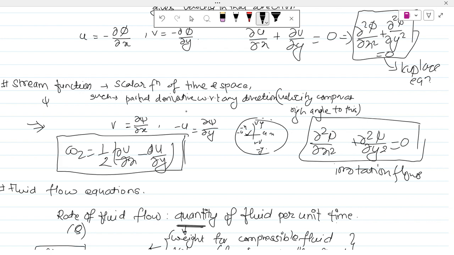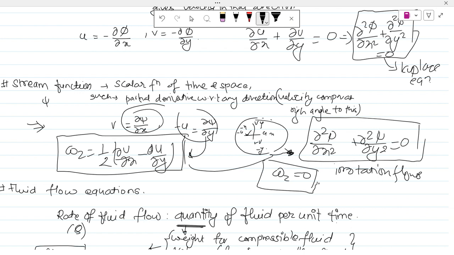I put these values into this equation and it gives this form. If this is 0, then omega z is 0. If omega z is 0, then the rotational component is 0, which means irrotational flow.